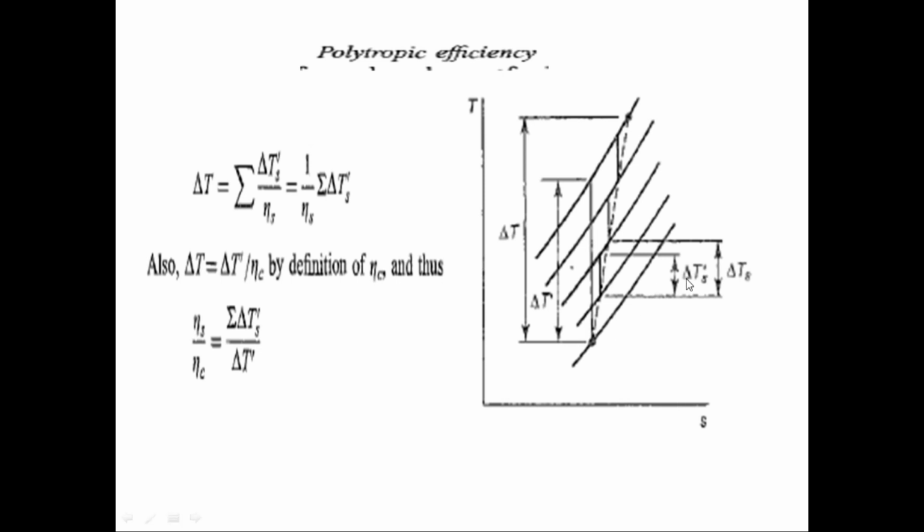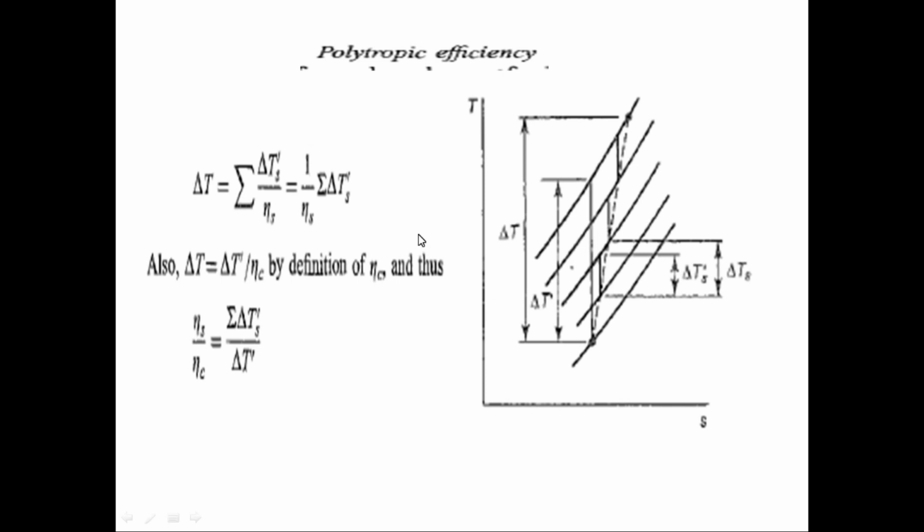So the isentropic increase in temperature for a particular stage is represented by this vertical distance, and delta T S is going to represent the actual rise in the temperature for a particular stage, represented by this vertical distance. This delta T is going to represent the overall rise in the temperature for all the number of stages, and this delta T dash is going to represent the rise in temperature isentropically for all the stages.